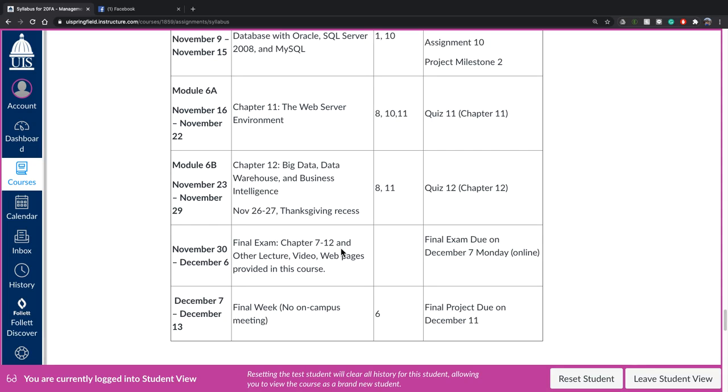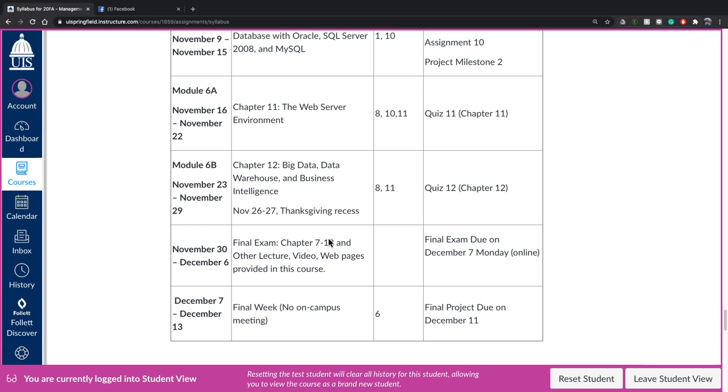And chapter 12 prepares you to enter the data warehouse and data mining class in our program. That is MIS 587, I believe, or 578. I forgot what number that is. But data mining and data warehouse will be courses offered after these classes.